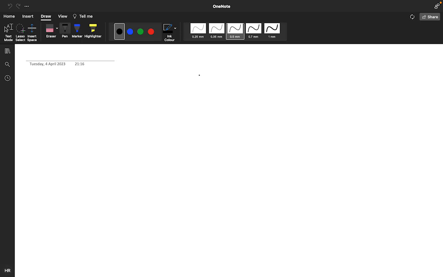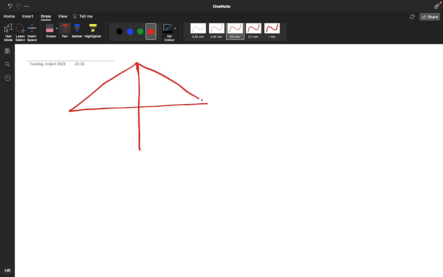So first draw the graph. Graph is very simple. For the network you need to draw the graph. So this was my network graph.